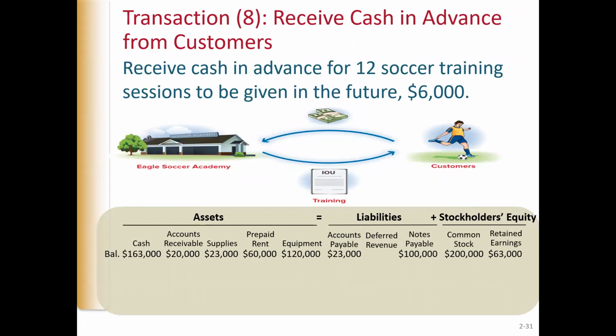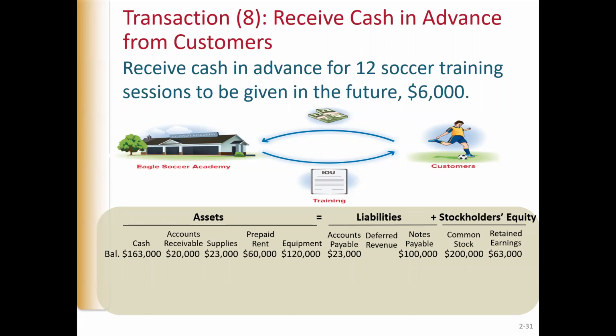So next, this is a unique item. And I told you guys last week that every liability has the word payable after it, except one that we're going to talk about right now. We received cash in advance for 12 soccer training sessions to be given in the future for $6,000.